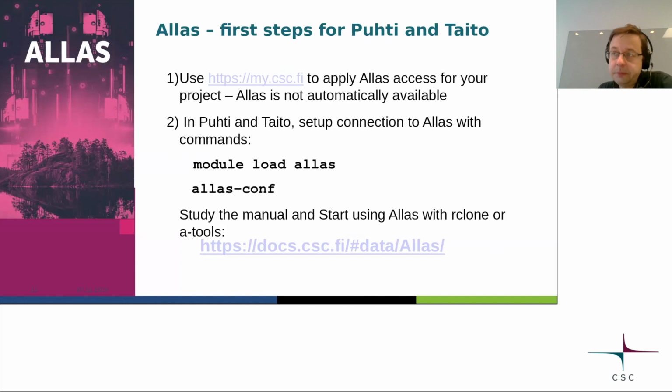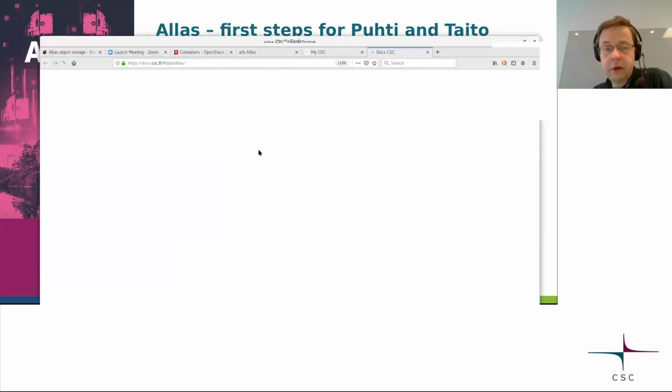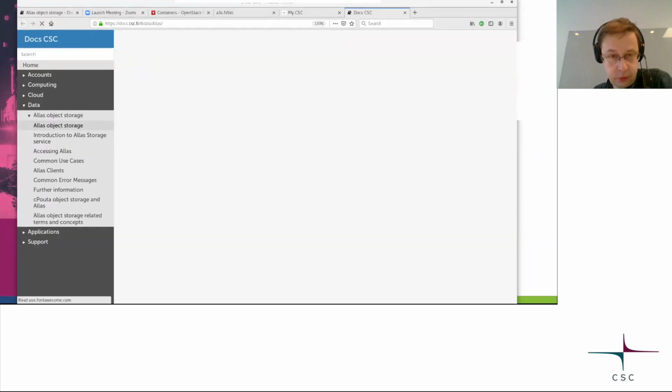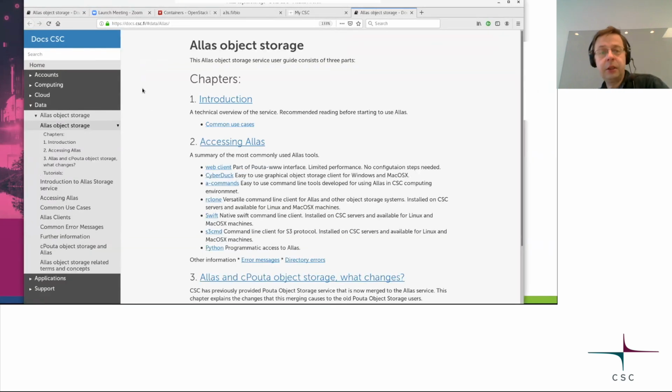And once you have gone through this phase, you should check how the actual commands work, and for that you should study the docs environment, so the new documentation system of CSC, and there the Allas documentation.